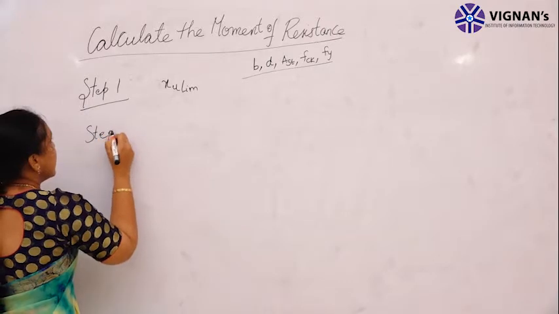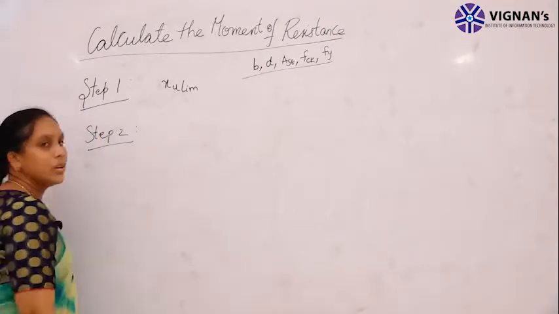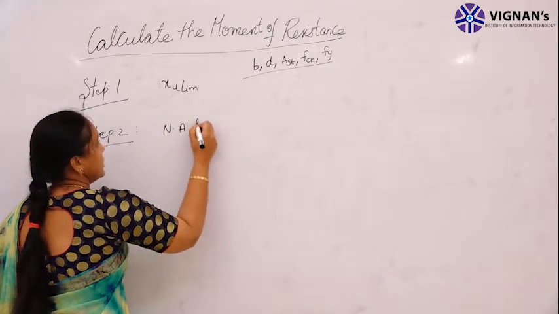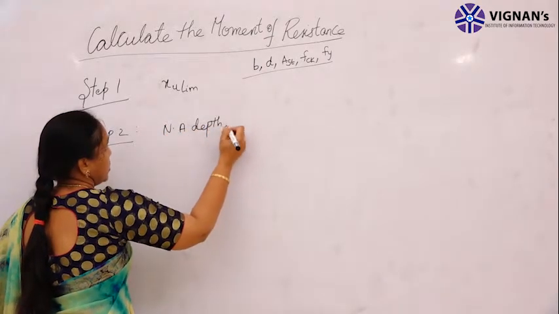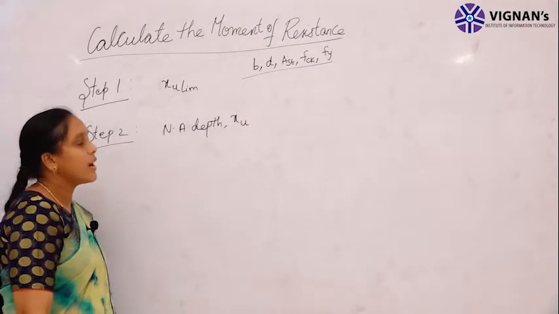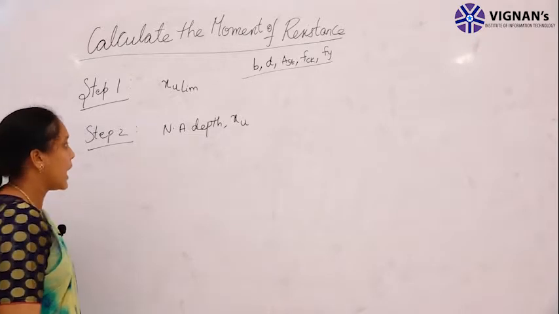The next step is to find out the neutral axis depth, which is nothing but XU. In the previous lectures we have already seen how to find out the neutral axis depth.